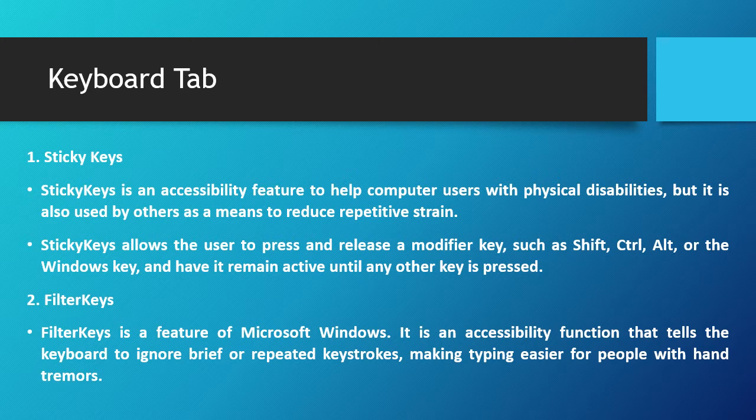Sticky keys allows the user to press and release a modifier key such as Shift, Control, Alt, or the Windows key and have it remain active until any other key is pressed.